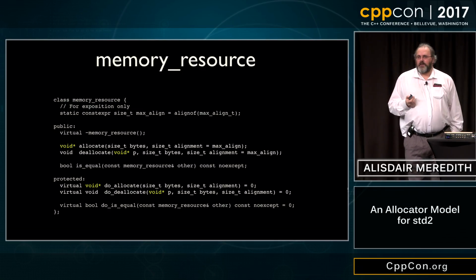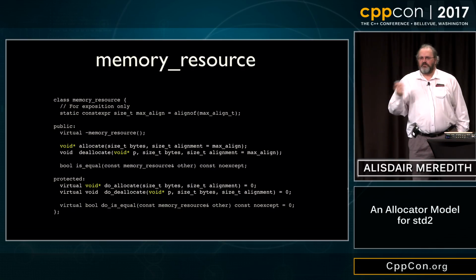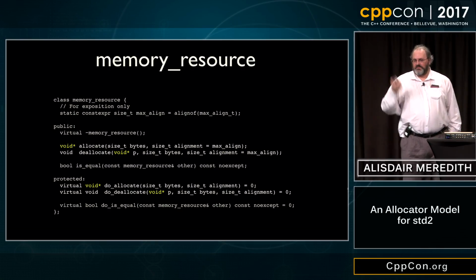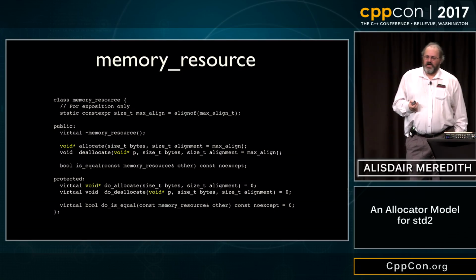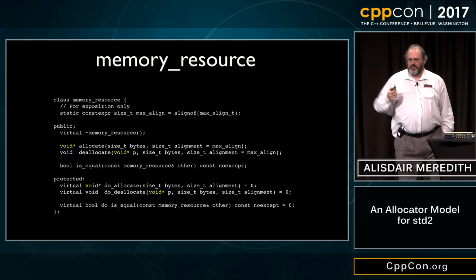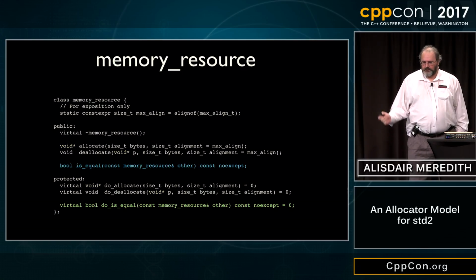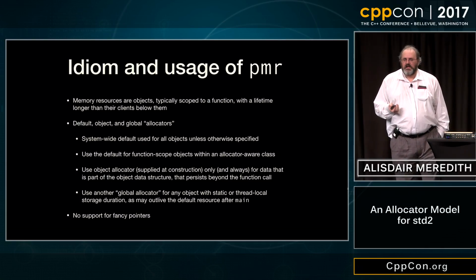And our choice of vocabulary type for how I refer to memory is void star. It could have been char star. It came into 17. It could even have been byte star if byte hadn't landed so late. But void star, on balance, turned out to be the right answer as we were developing this proposal. I'm going to skip the do_is_equal part for now.